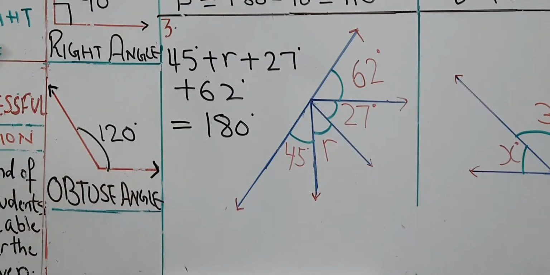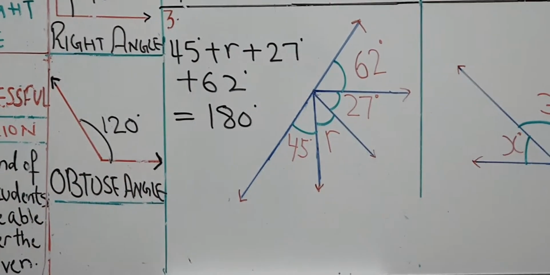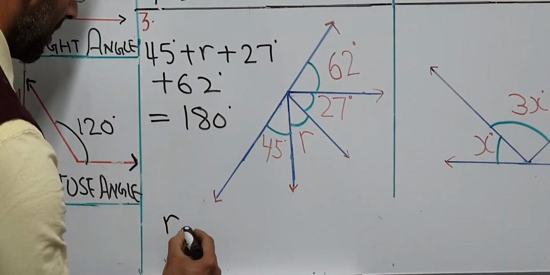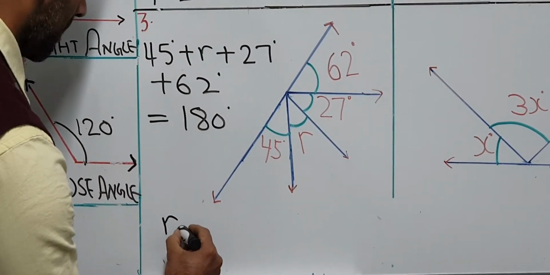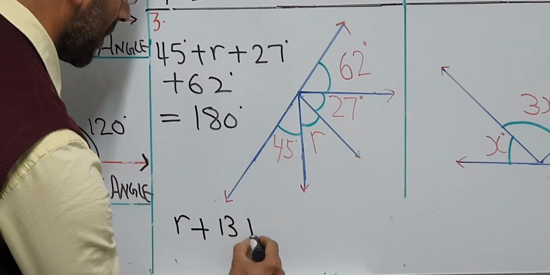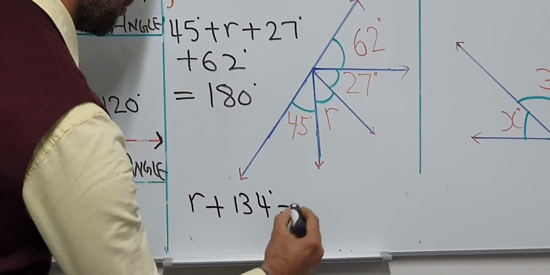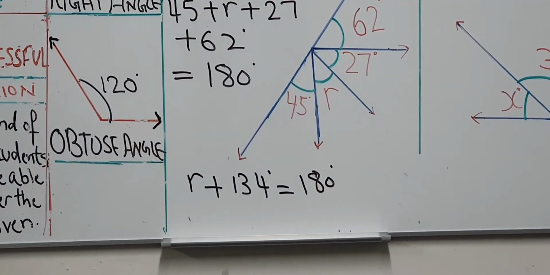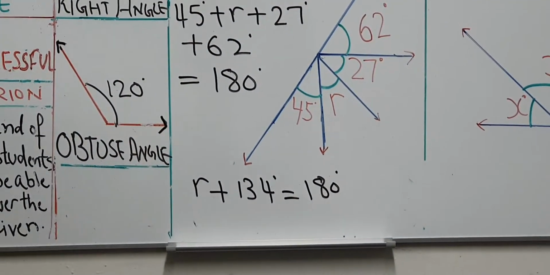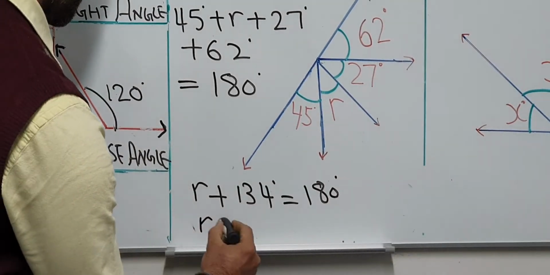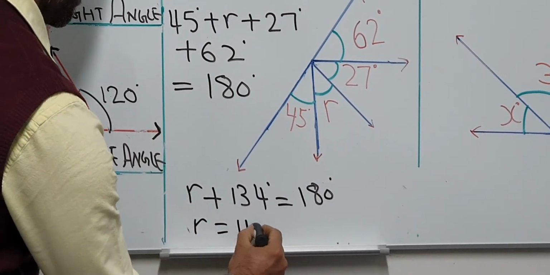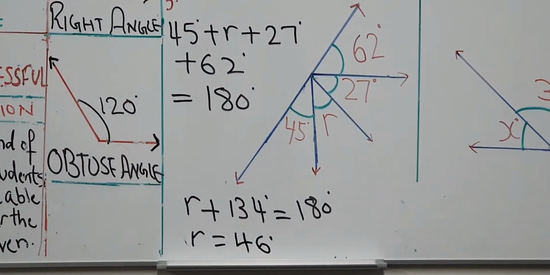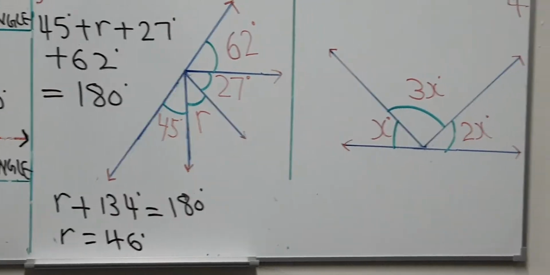And if we add them up, you can do it on your own. That comes up with 134. R plus 134 is equal to 180. That means the measure of R is 180 take away 134, 46. I'm going to say the right answer: 46. So note it in your book.